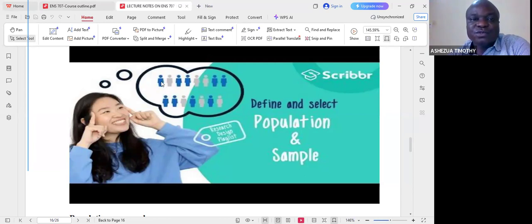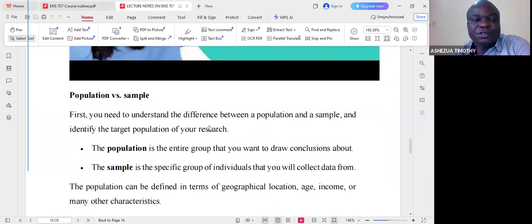So if I choose these guys in blue, it's a sample of the whole population. The whole of this is the entire population, but the samples are considered in blue, a sample of the entire population.